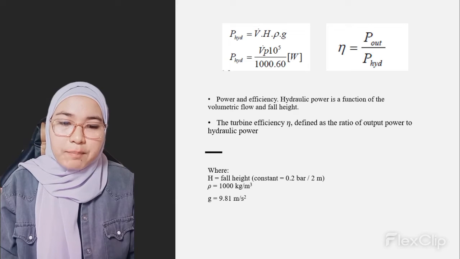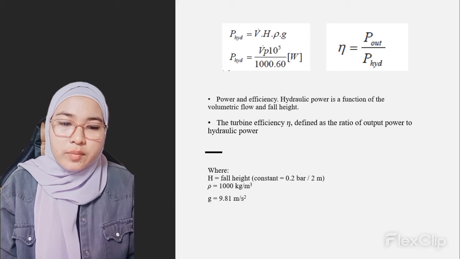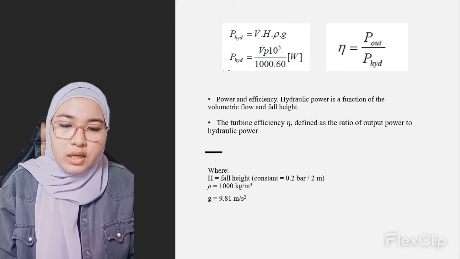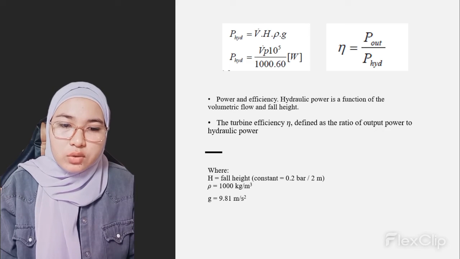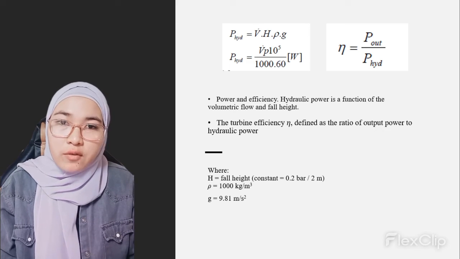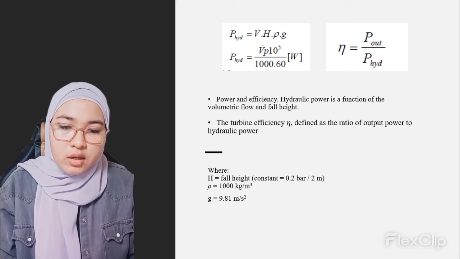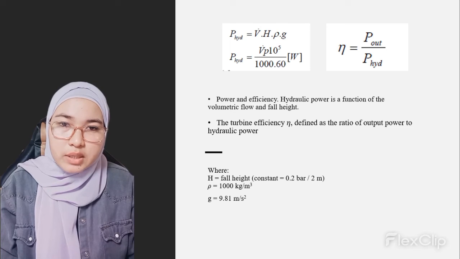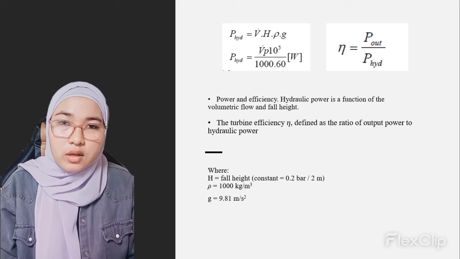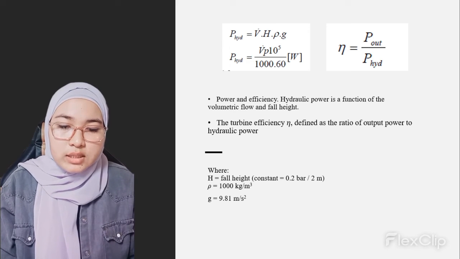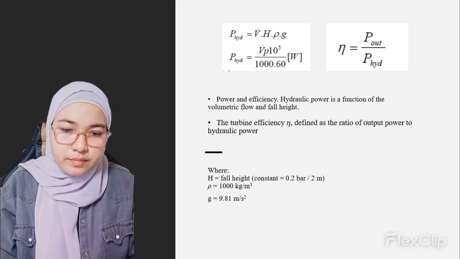And then to calculate power and efficiency, we use these two formulas. Hydraulic power is a function of the volumetric flow and fall height, where P hydraulic is equal to V flow rate times H fall height times rho, which has the value of 1000 kilograms per meter cubed, times g, the gravitational acceleration, which is 9.81 meters per second squared.